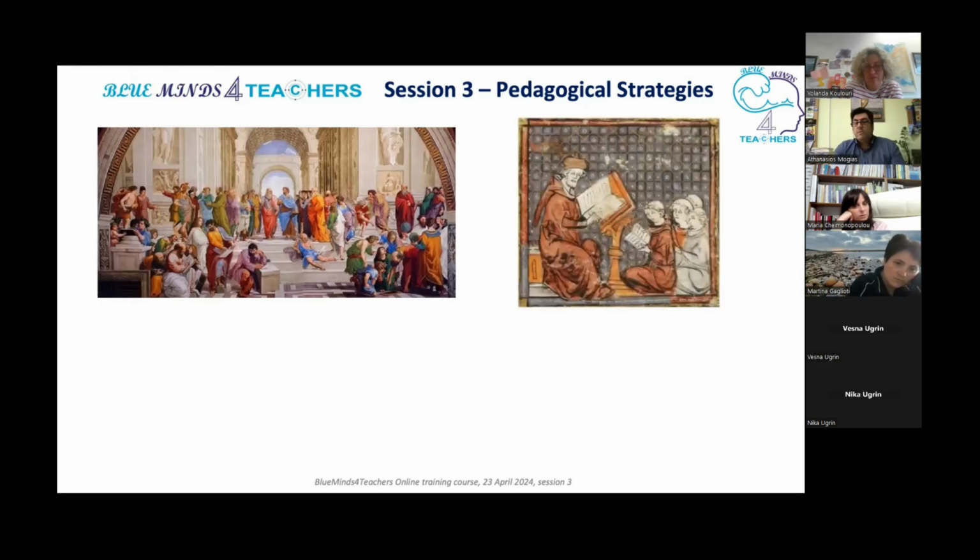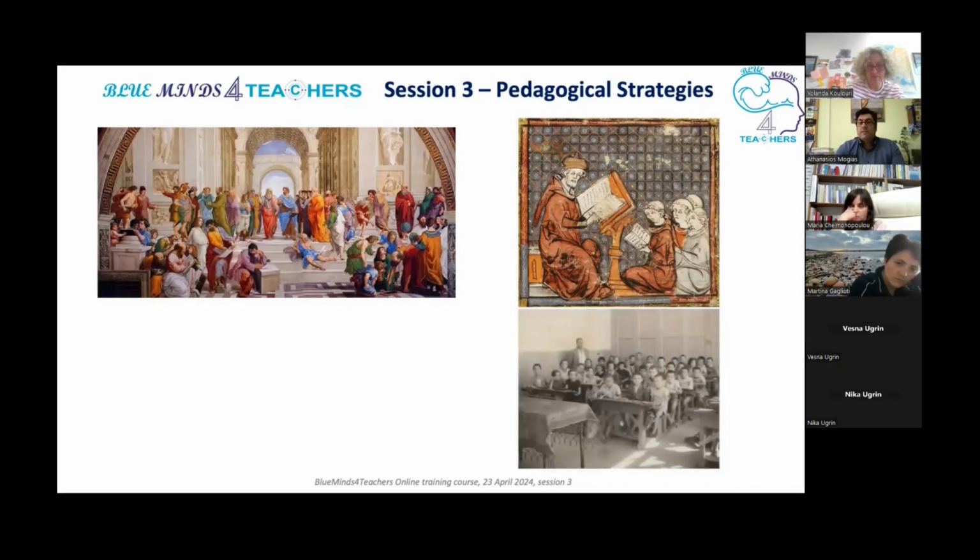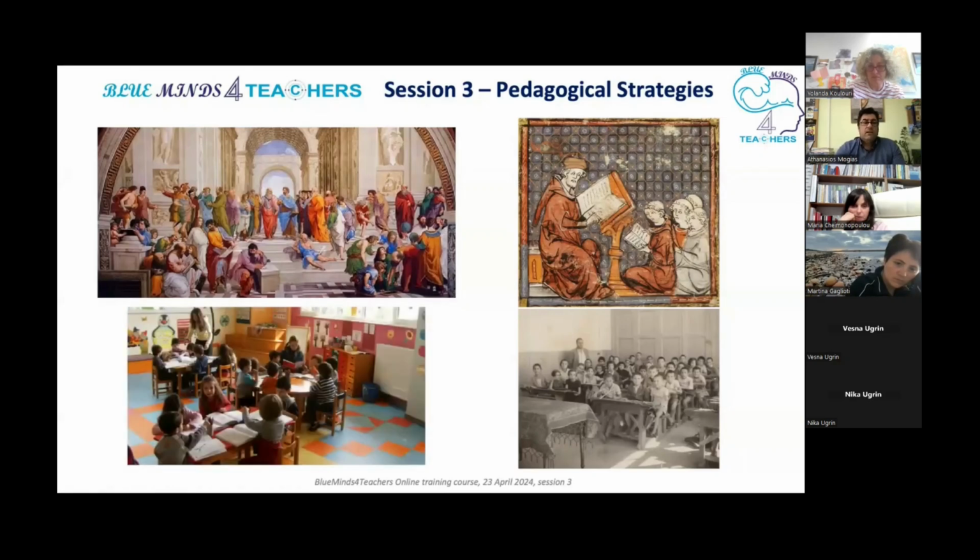In this second image, we have a typical classroom somewhere in Western Europe during the medieval or the Renaissance period. In this third image, we have a typical Greek classroom right after World War II. And in this final picture, we have an image of a modern low-grade classroom.